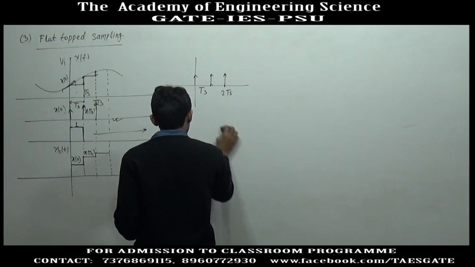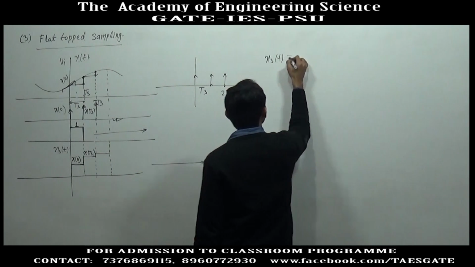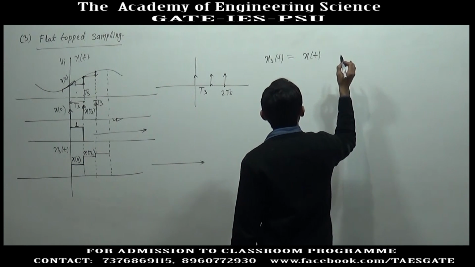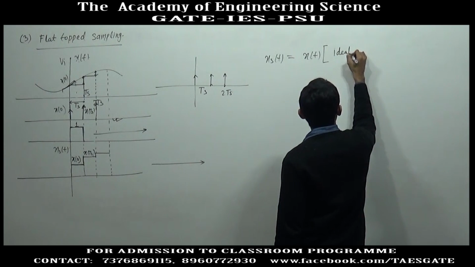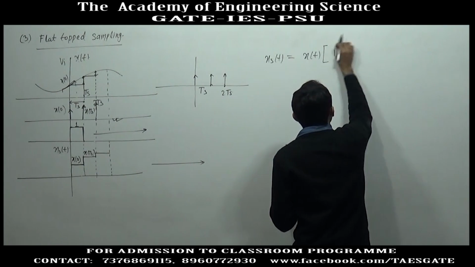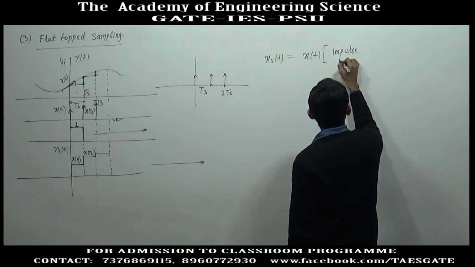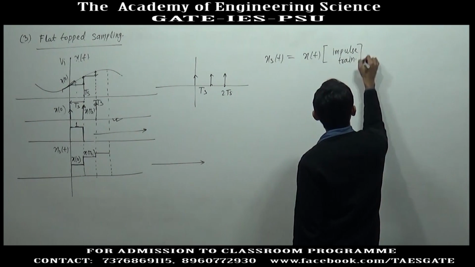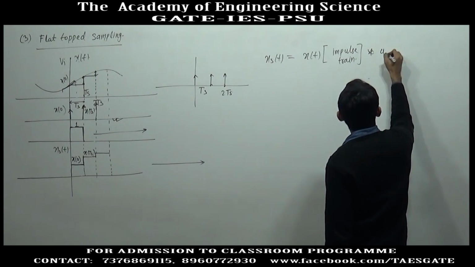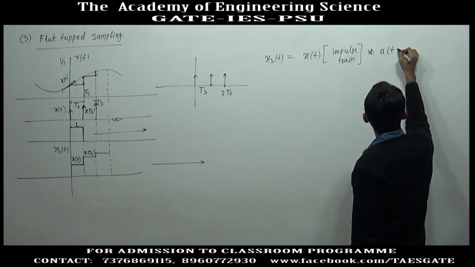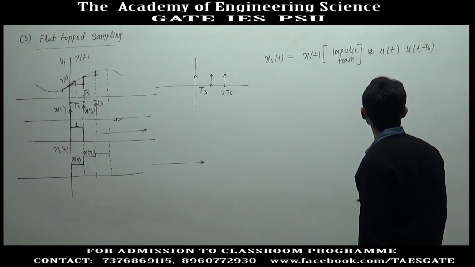So, we can write xs(t) as x(t) multiplied by the ideal impulse train, and then we take convolution with u(t) minus u(t minus Ts).